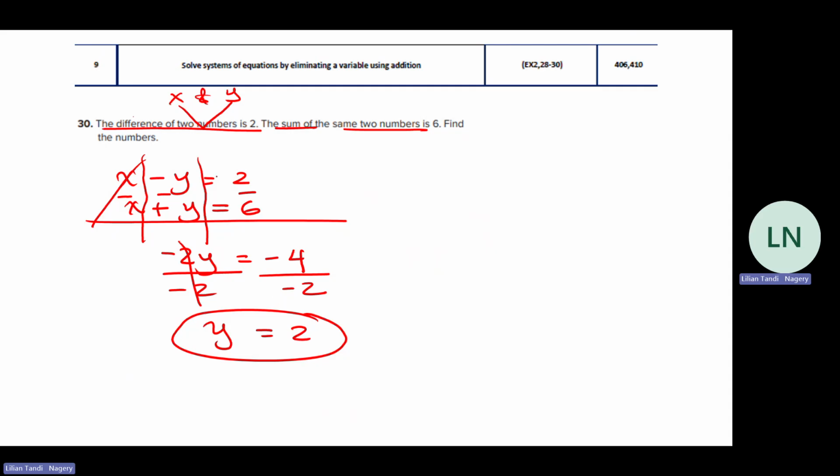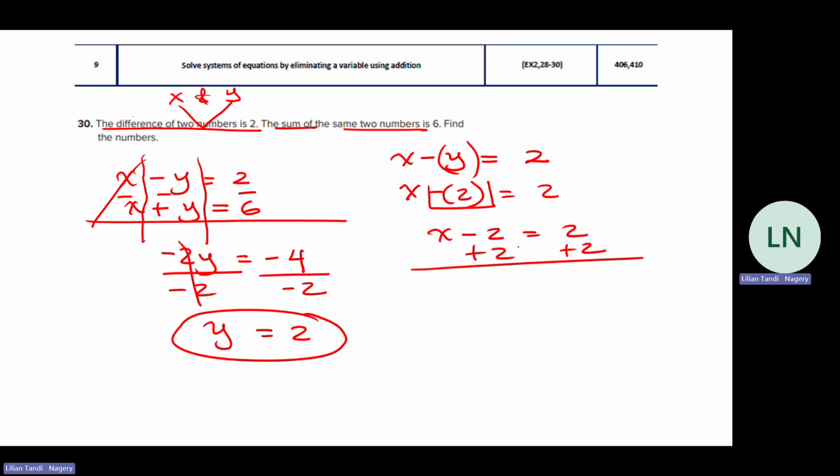Then I will find x. I will use the first equation. X minus y equals 2. I know y, so it will be in parentheses. X minus parentheses 2 equals 2. That becomes x minus 2 equals 2. I will add 2 on both sides.